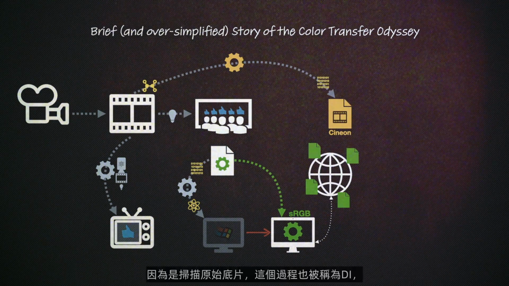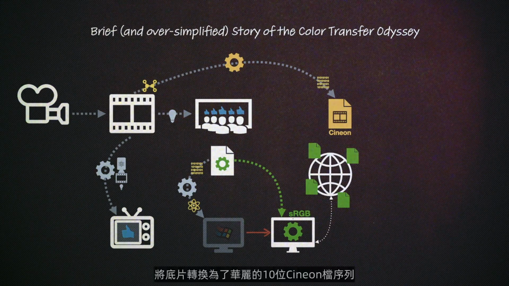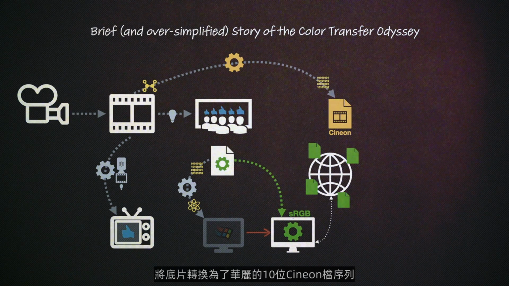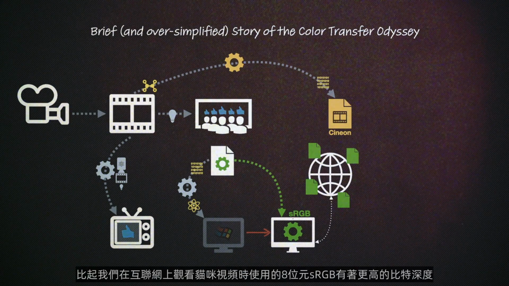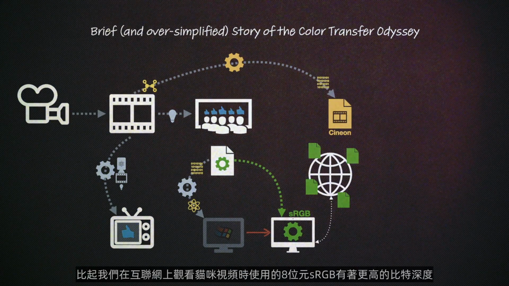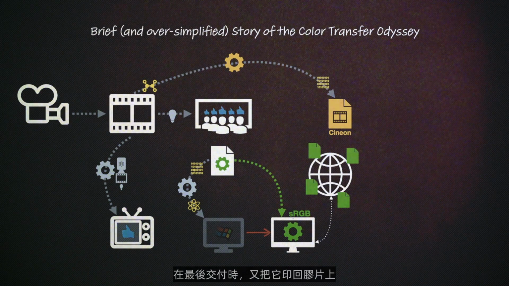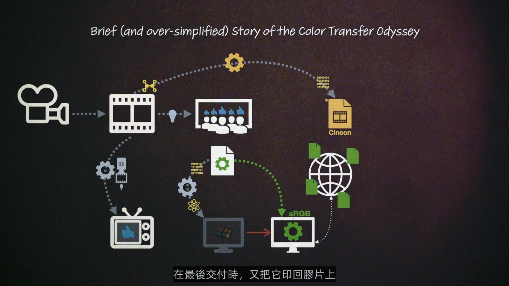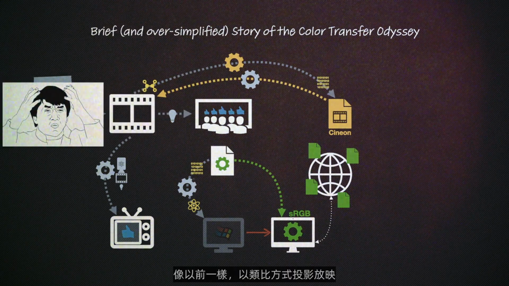The process is also known as DI, as we scan the original negative, converting it into Cineon file sequences in gorgeous 10 bits, higher bit depth than the 8-bit sRGB we use for watching videos of cats on the internet. Everything was processed in digital after the scan, but at the end, for the delivery, we print it back again on a film strip to be projected in analog as before.